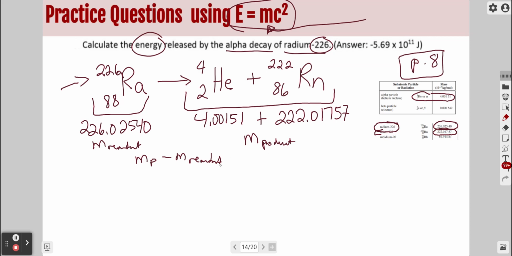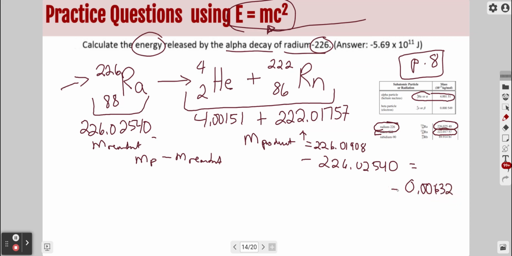So our mass of our products here is 226.01908. And then we're going to subtract the mass of our reactant here, which is 226.02540. You can put that all in your calculator and see what you get. And you should get 0.00632.